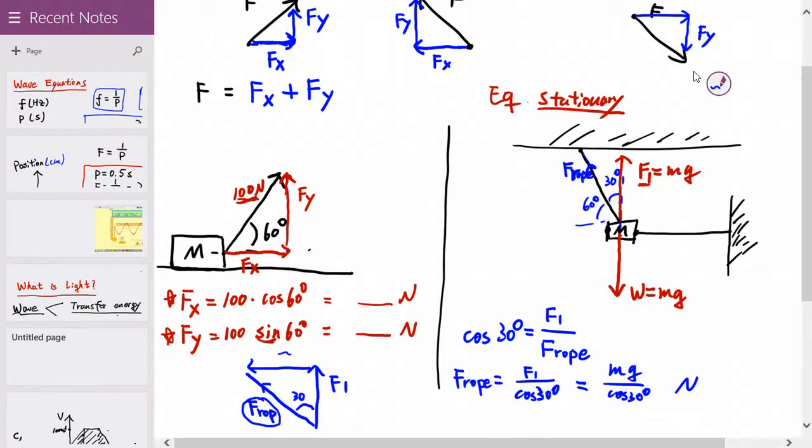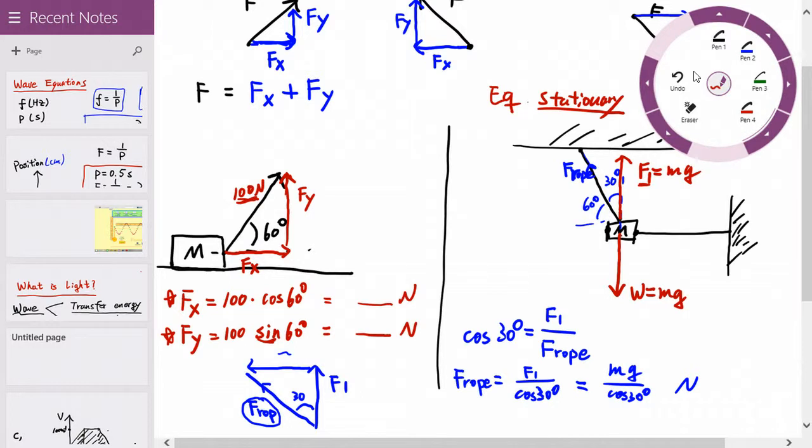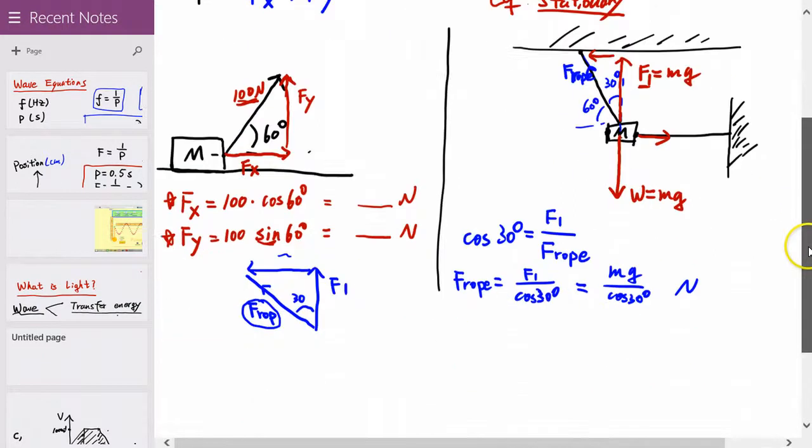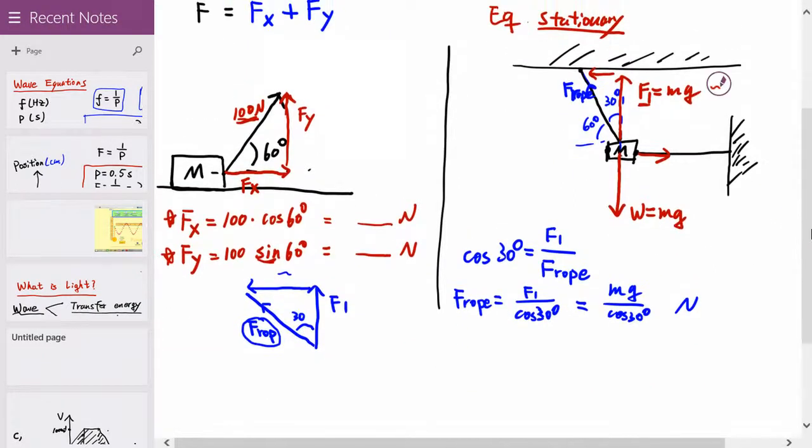Now, have a look at this scenario. We have found the force on the rope. The force on the rope not only pulls the object against gravity, but it also pulls the object to the left. Given the whole system is stationary, there must be a force pulling it to the right to cancel it off. So it must be on this steel bar.